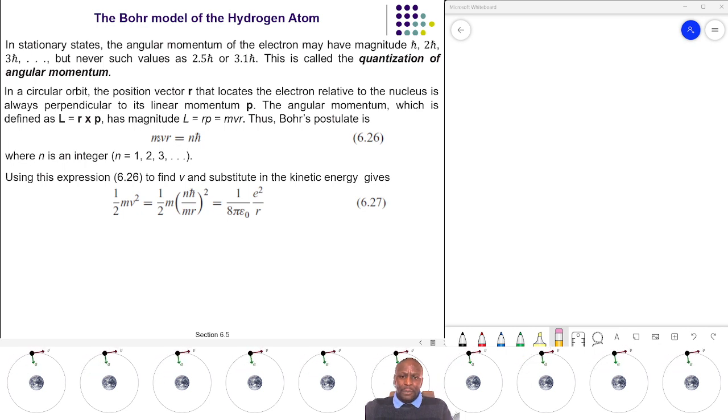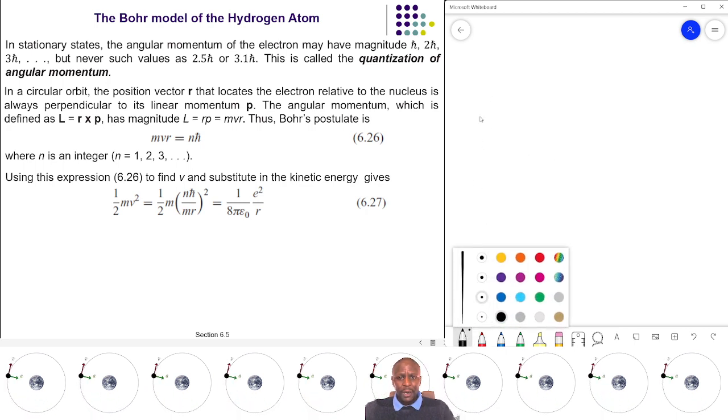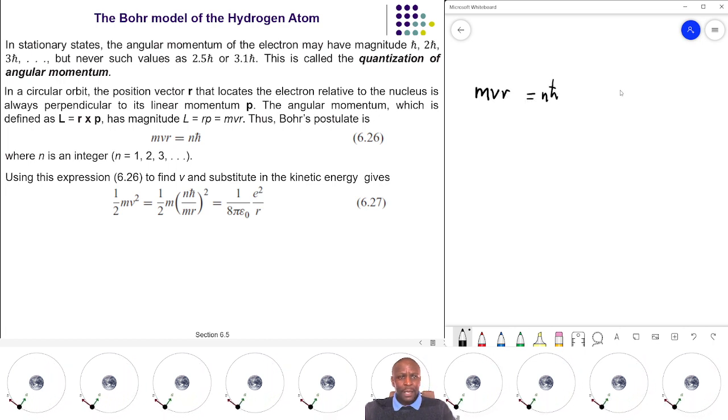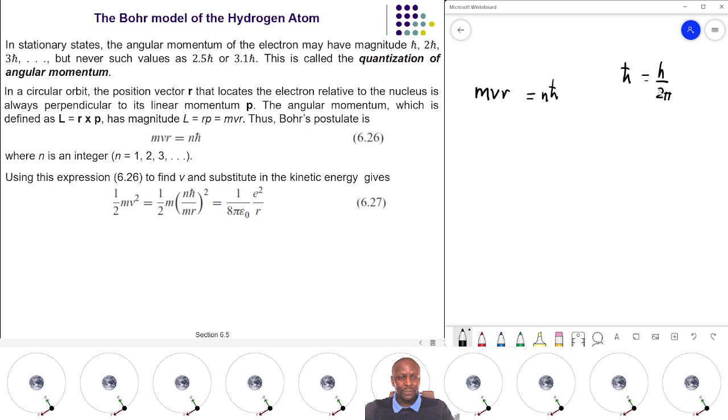Right. Now, from this equation of the angular momentum, I want you to make v the subject of the formula. The angular momentum is quantized in h bar. And you remember that h bar, in terms of the Planck's constant, is just this.